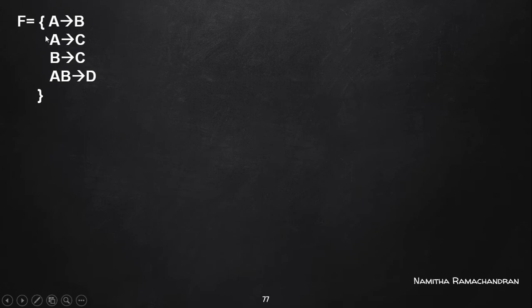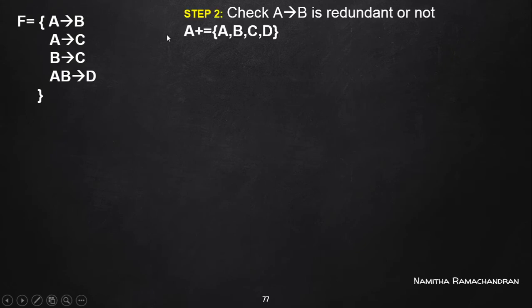Okay, so we can start the next step. Here we use the output of the first step as the input. The second step is to check whether these dependencies are redundant or not. So start with the first dependency, A implies B. Check whether A implies B is redundant or not.